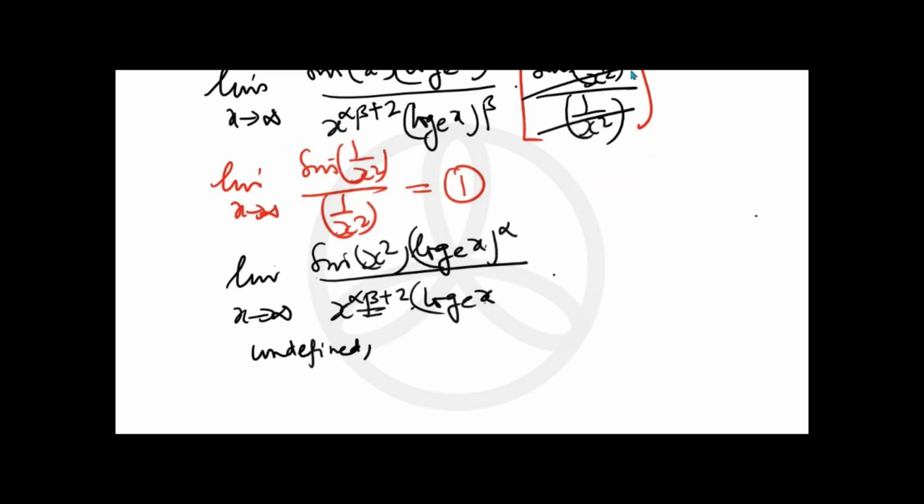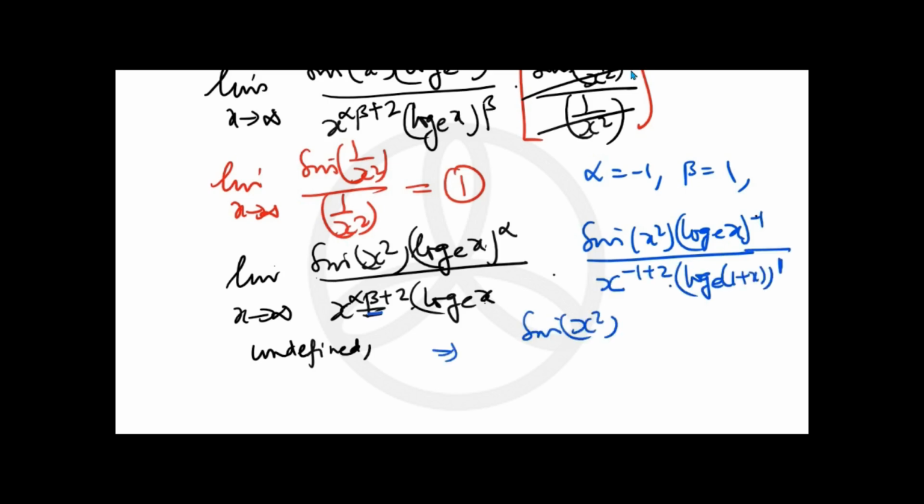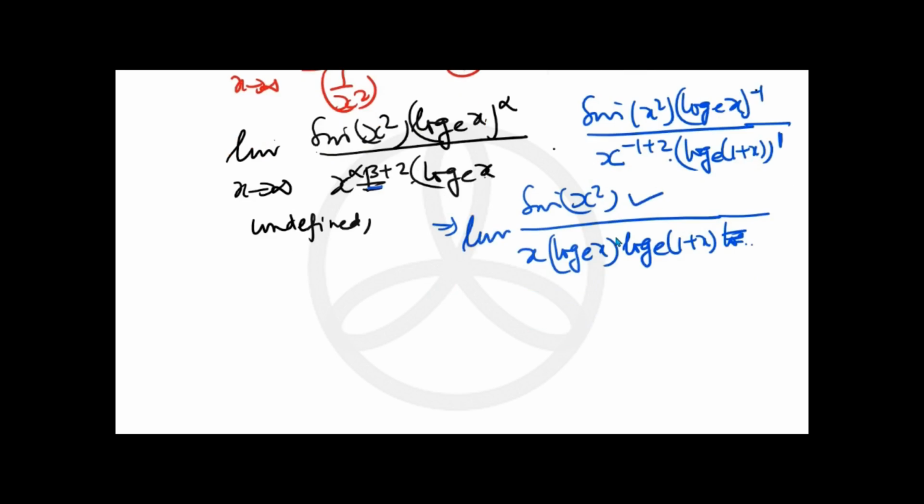Similarly, let us check alpha minus 1, beta 1. Let us substitute this. Minus 1 times 1 will become minus 1 plus 2, it will become x. With limit x tends to infinity, this will actually work out, because when infinity is in the denominator, this will become equal to 0, which is actually our requirement. Therefore, one of the options for this is minus 1 and 1, belonging to real numbers.